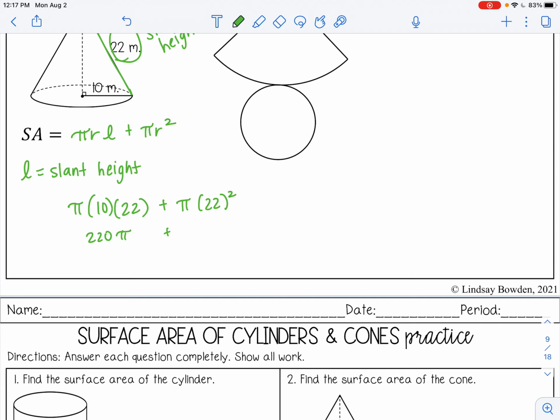I'm sorry, I just realized I have 22 here, that should be 10. So that would be 100 pi, there we go. So that would be 320 pi meters squared, or 1005.3 meters squared. Alright, you can stop the notes and go ahead and complete the practice.